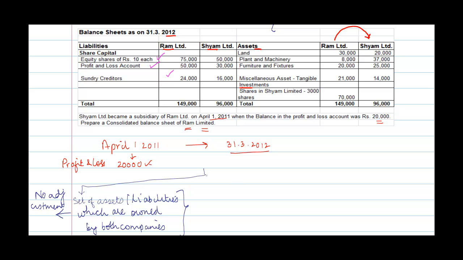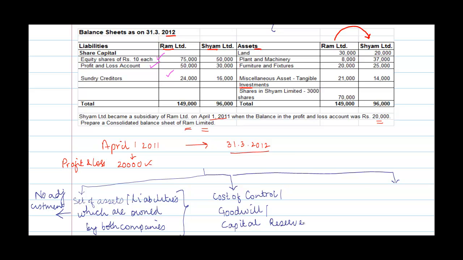The second thing which is important as you prepare the consolidated financial statement is the cost of control, or goodwill or capital reserve. You must be wondering what this is; I'll come back to it.